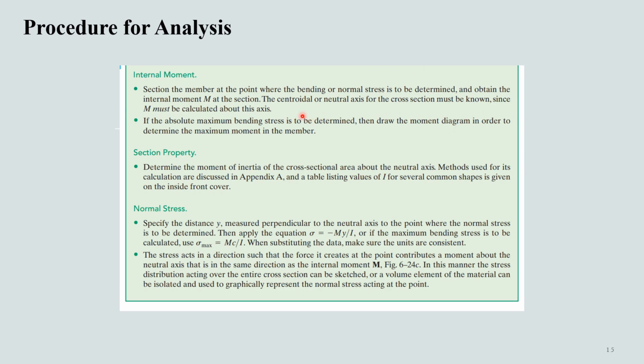After determining the internal moment, you need to determine the section properties: the moment of inertia and the centroid for the respective section, based on already established formulas for different sections. Then you determine normal stress using the equations that we derived on the previous slides.